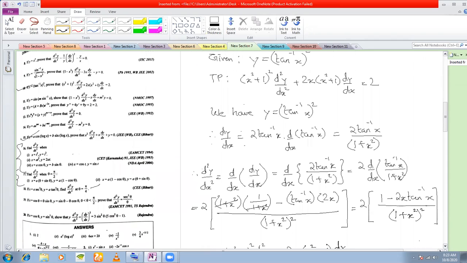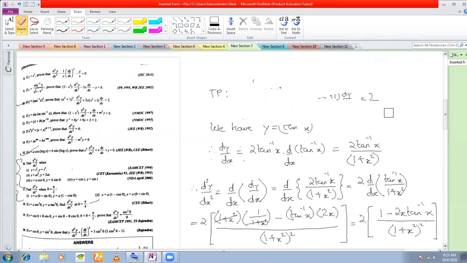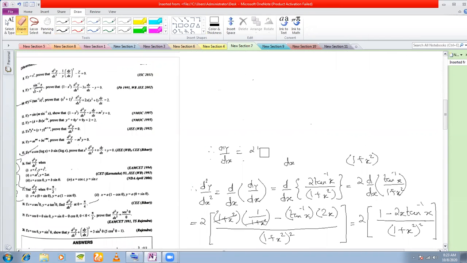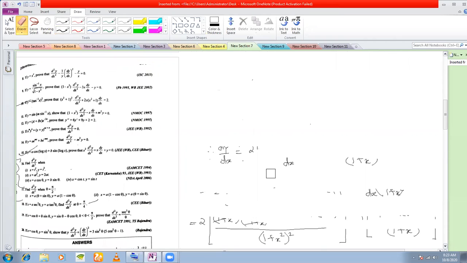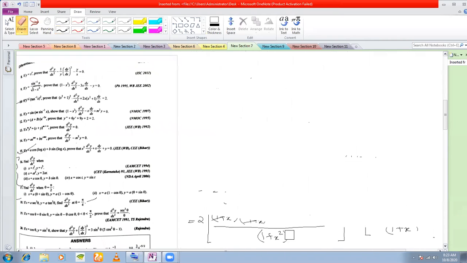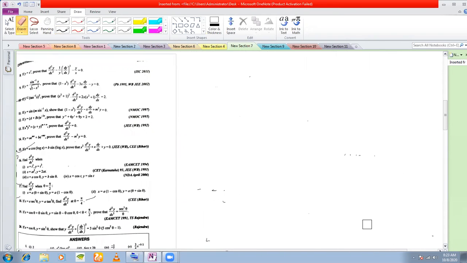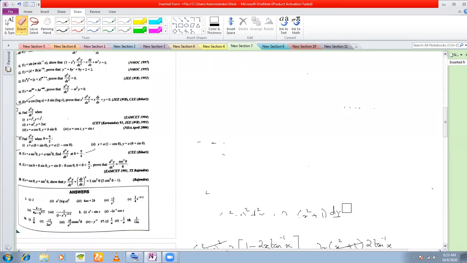So this is what. And the next one that we are going to do here is number 15. Okay, and I'll give you one idea of one parametric function and then we'll finish off this class. I'll continue.